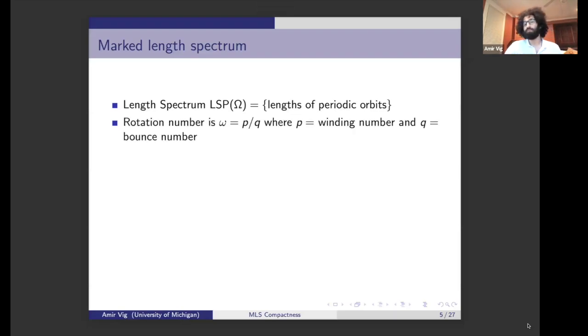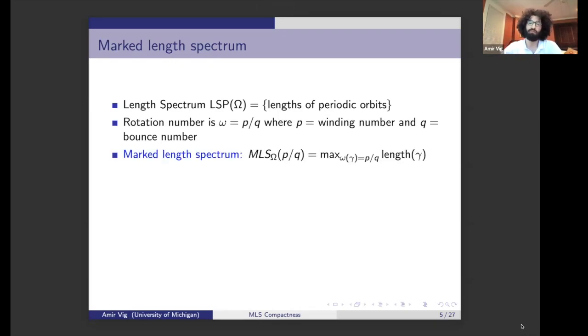Each periodic orbit, which has a length in the length spectrum, has a rotation number, and that's going to be some rational number, P over Q, where P is the number of times that your orbit winds around the boundary, and Q is the number of bounces. So if you have an inscribed triangle, then the rotation number is 1 over 3. If you have a star, then this is a 2 over 5 orbit, and so on.